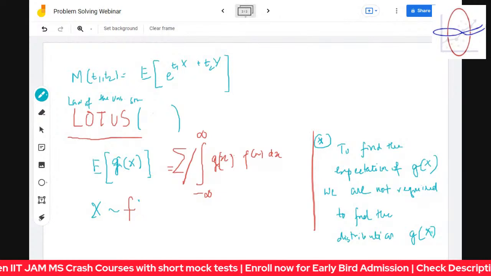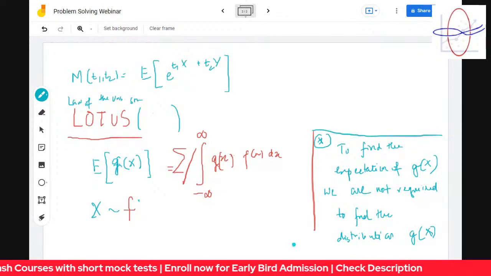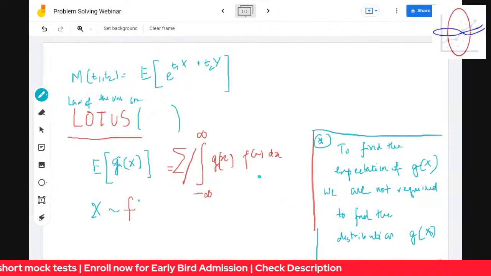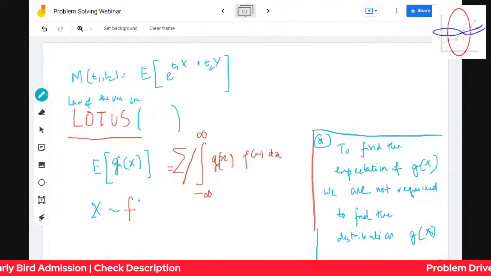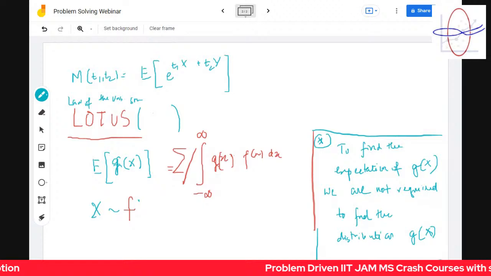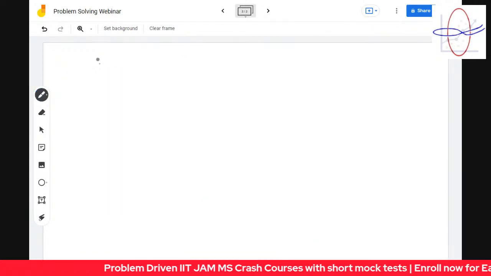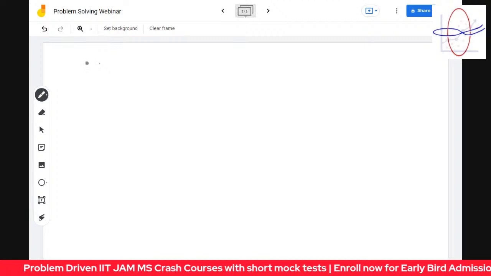This theorem, we will extend to multiple dimensions. So how do we do it? It's very simple.